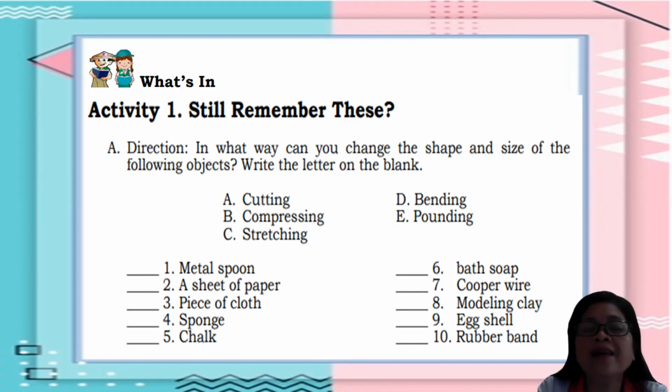Of course, by compressing. Number 9, eggshell. Okay, good job. The answer is letter E, pounding. And the last, number 10, rubber band. All right, stretching. So letter C. Congratulations if you got 10 correct answers for this activity.